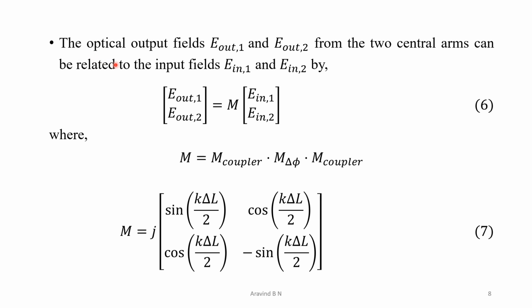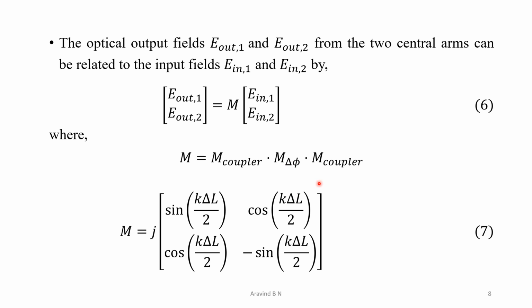Now the optical output fields E out 1 and E out 2 from the two central arms can be related to the input fields E in 1 and E in 2 by this representation. That is, E out 1, E out 2 is equal to M into E in 1, E in 2, where this term M is realized by M coupler into M delta phi into M coupler.